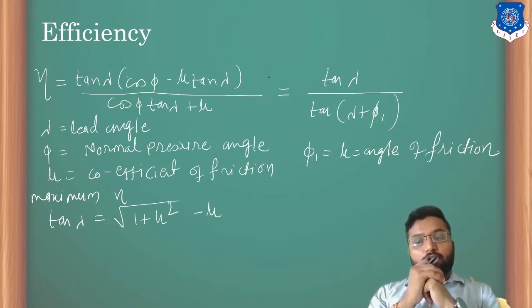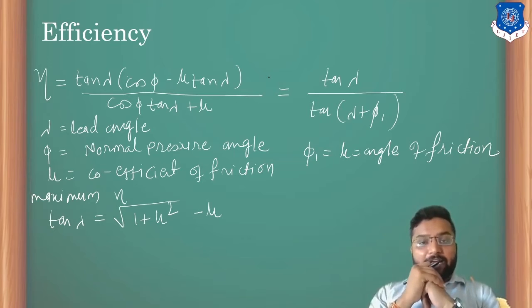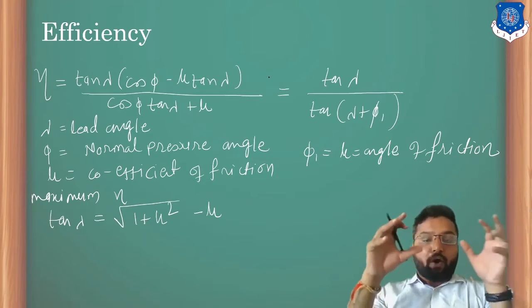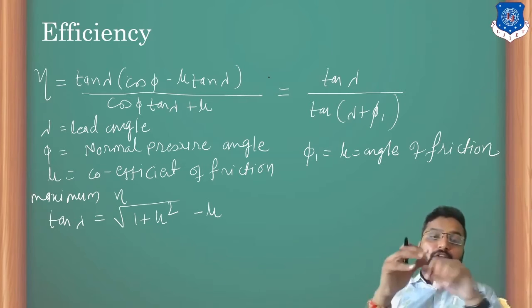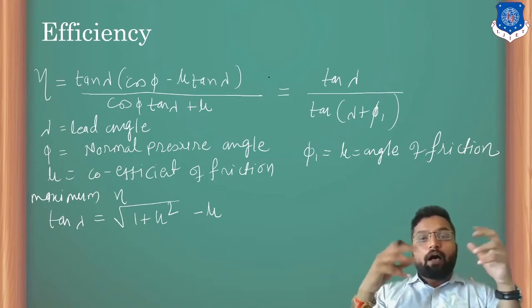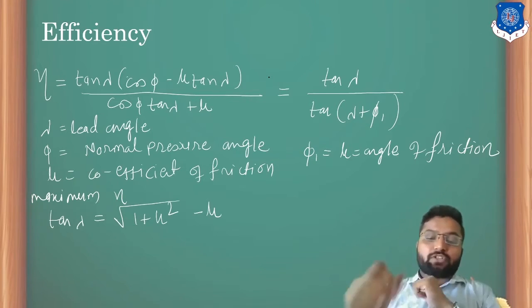The velocity ratio directly affects our lead angle. This will help you find the lead angle, and sometimes you are asked to find this efficiency. I hope you understand about this efficiency.